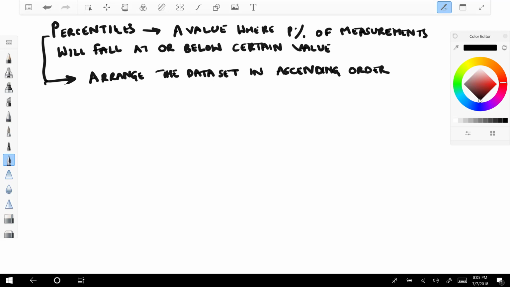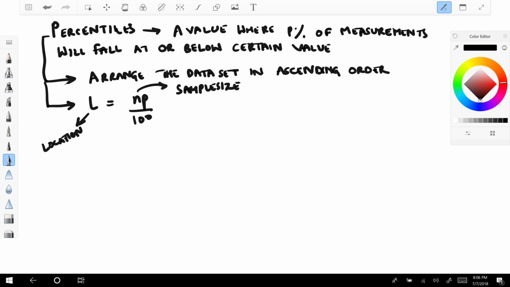The second step would be to determine the location of the percentile, which is given by L is equal to NP divided by 100, where L is the location, N is the sample size, P is the percentage or percent.